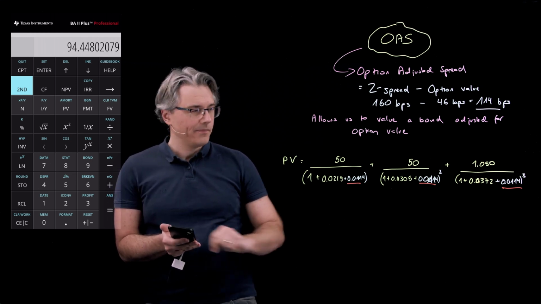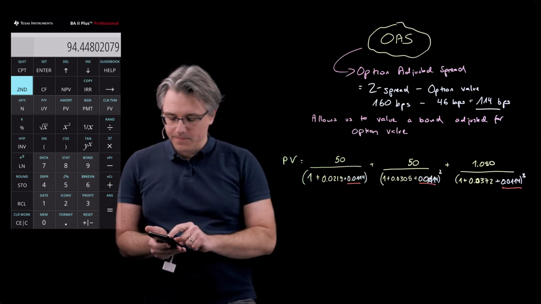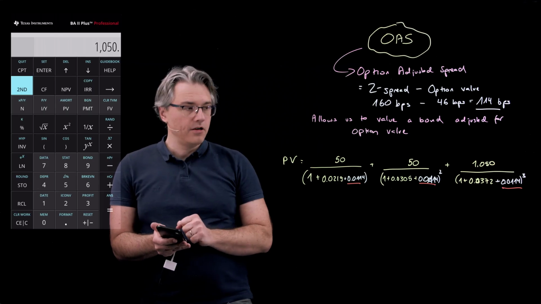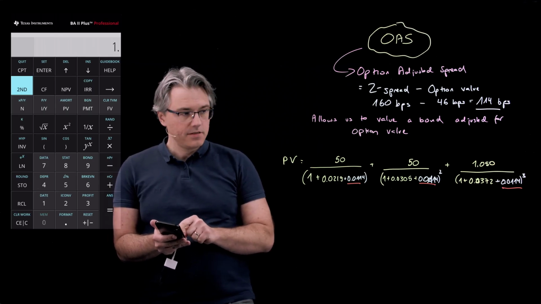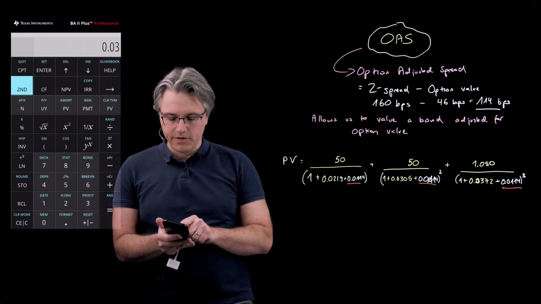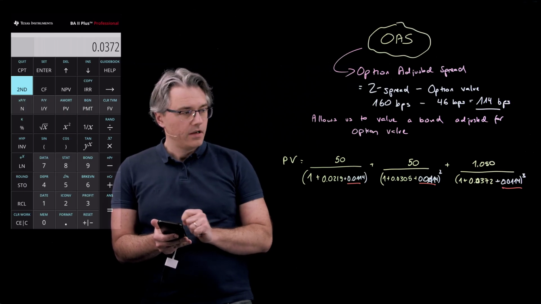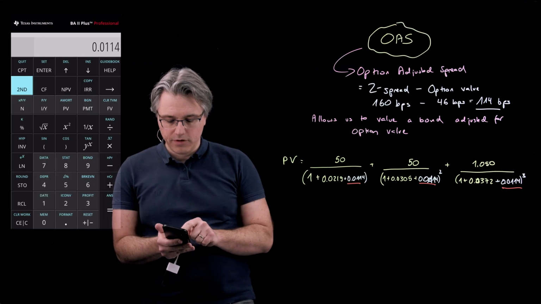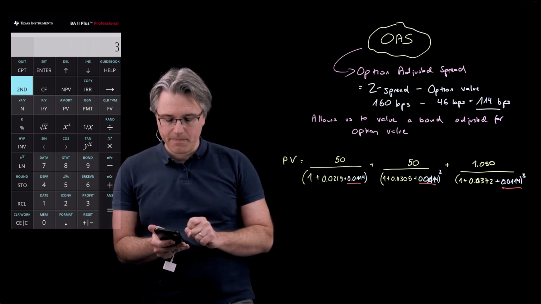And then this 1050 divided by, once again, open the bracket, 1 plus 0.0372 plus 0.0114, close bracket, to the power of 3.